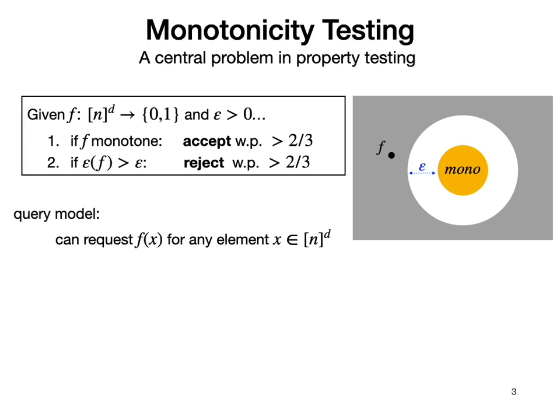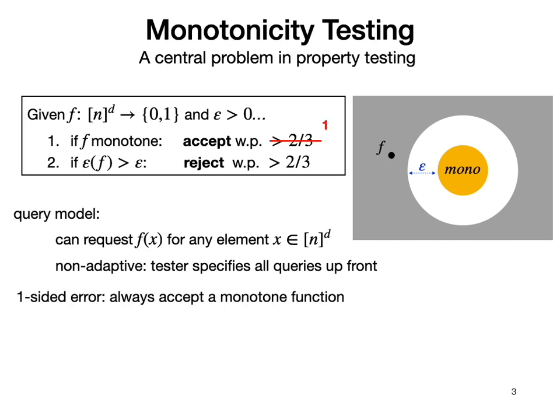You can request the value of the function at any point in the domain, and specifically, we consider non-adaptive testers, meaning that the tester specifies all of the points it's going to query up front before receiving back any of the answers. And the testers we consider are one-sided, meaning that if the function is monotone, then the tester is guaranteed to accept.